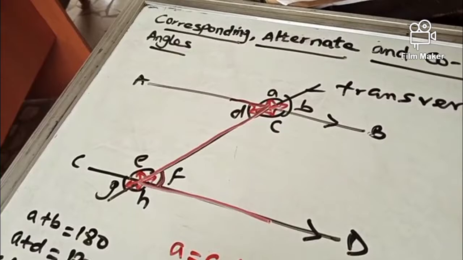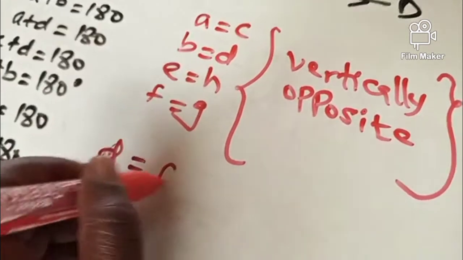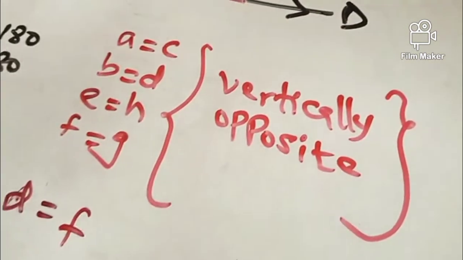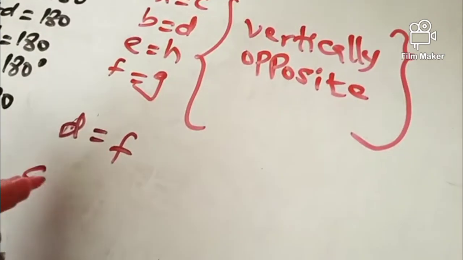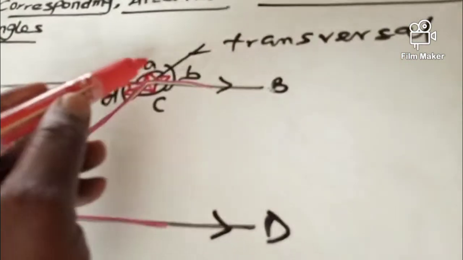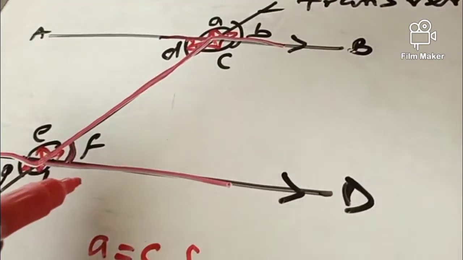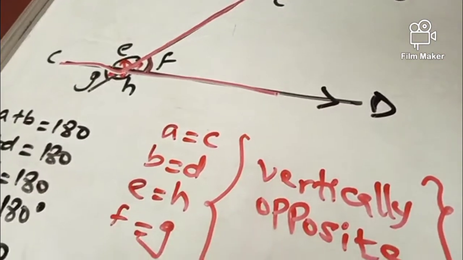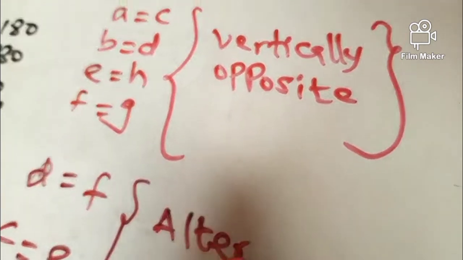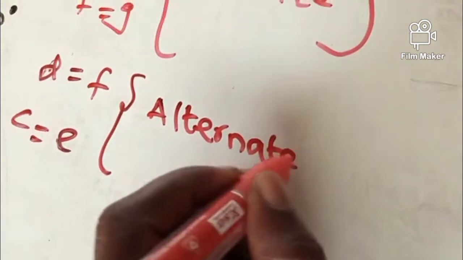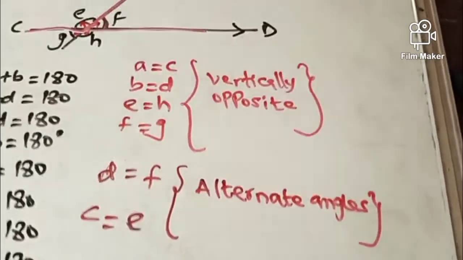So that means F will be equal to D. Any angle that forms a Z, take a look at C. C forms a Z with E. That means C is equal to E. And the reason why D is equal to F and C is equal to E is because they form a Z. Angles that form a Z like that, we call them alternate angles. So take note of that. Alternate angles are equal.